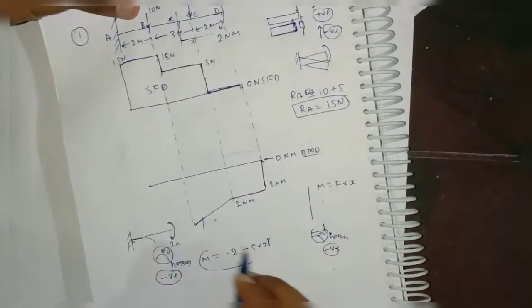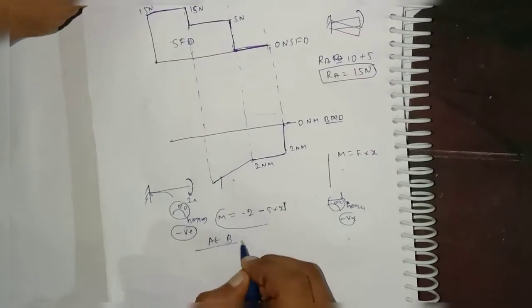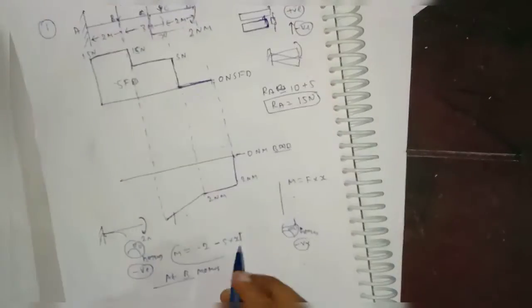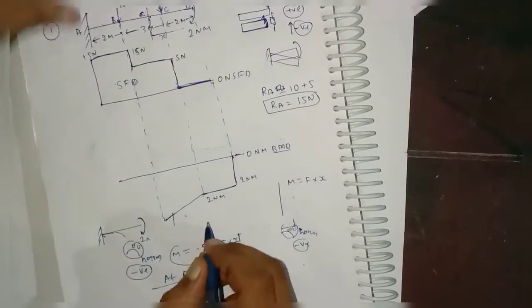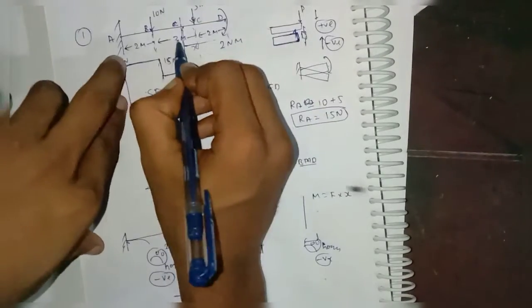At B, how much bending moment is there? Bending moment at B. So at B, the moment will be, this is your direct 2 Newton, which will be negative, and this is 5 minus 5 into how much distance is there, 3, right?